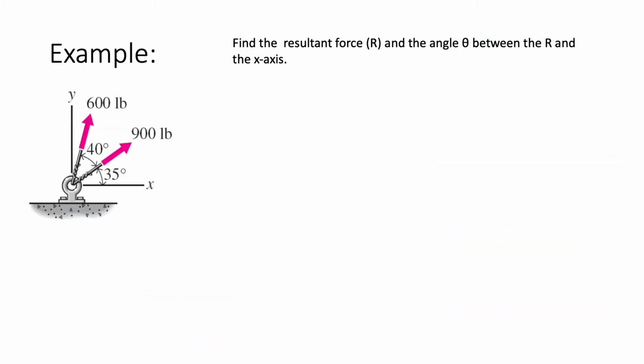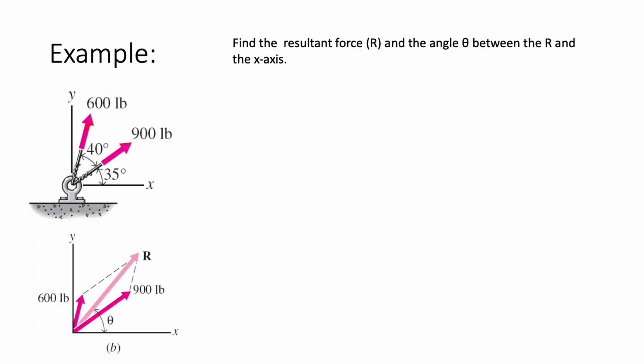Now the next problem is for us to find the resultant force and the angle between R and the x-axis. So we are asked to get the resultant vector of these two forces: a 900-pound force, which is 35 degrees from the x-axis, while this 600-pound force is 40 degrees from the first force.